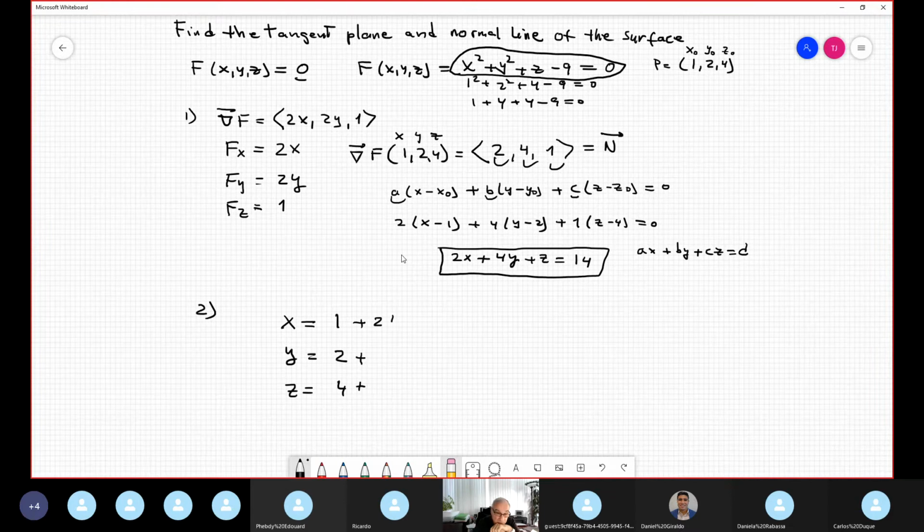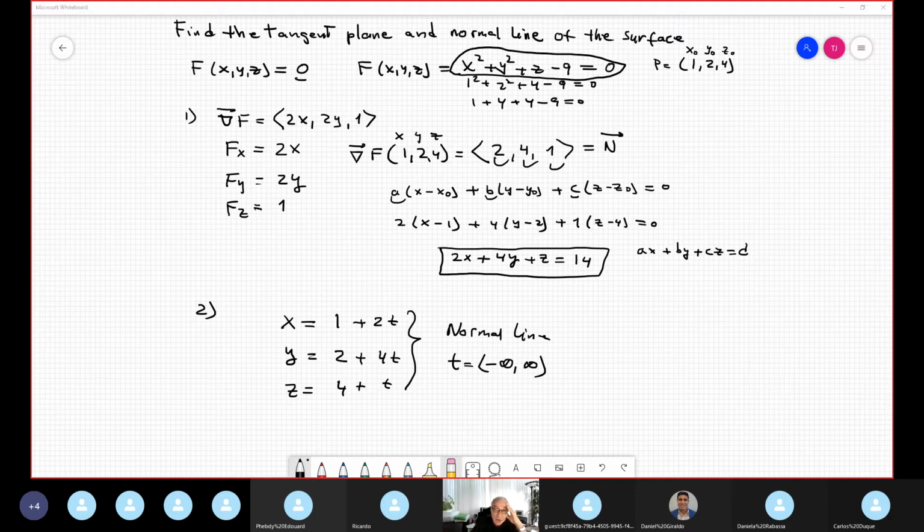So 2t, 4t, and 1t. Wow. This is the equation for the normal line. And t, you know, t is from negative infinity to positive infinity because it's a line extending in both directions. Any question?